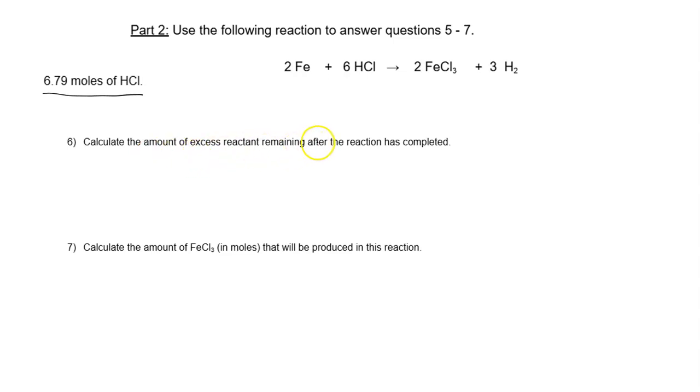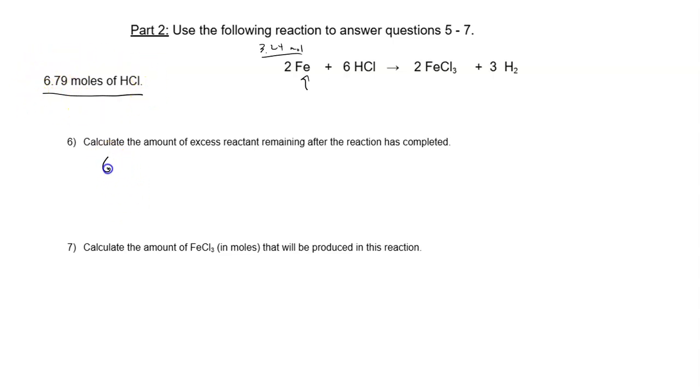So it says calculate the amount of excess reactant remaining, so how much of that iron is going to be left after the reaction is completed. Again, remember we started with 3.24 moles of that iron. So how much of that is left after the reaction is completed? Well, we have to calculate how much our limiting reactant uses up.